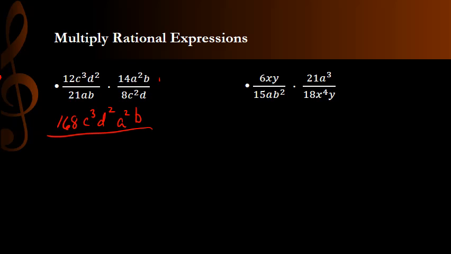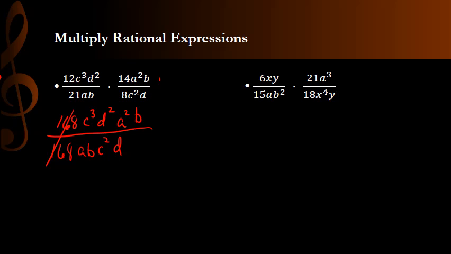Now that's a mouthful. All over, well, let's do 21 times 8. Well, Shazam, that happens to equal 168 too. Okay, and then we got ab, c squared, d. Now, so our 168s are just going to cancel. That's just going to reduce down to 1.